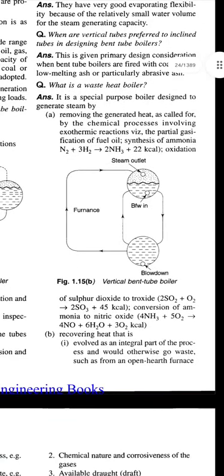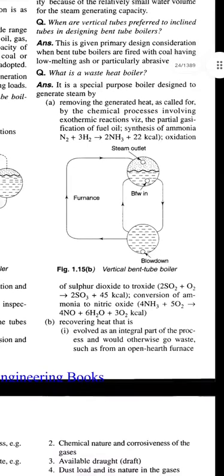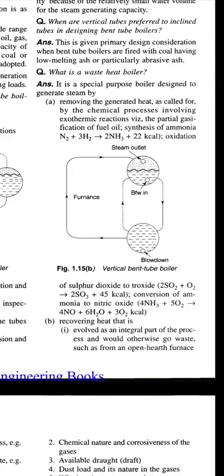It is a special purpose boiler designed to generate steam by removing the generated heat as called for by the chemical process involving exothermic reactions. For example, the partial gasification of fuel oil, synthesis of ammonia, oxidation of sulfur dioxide to trioxide.